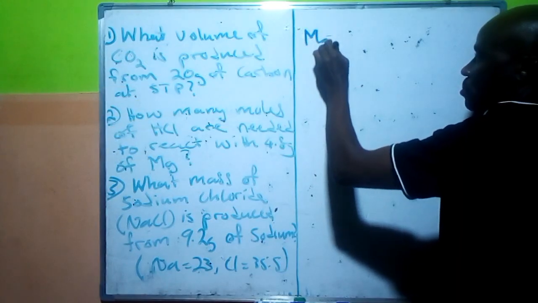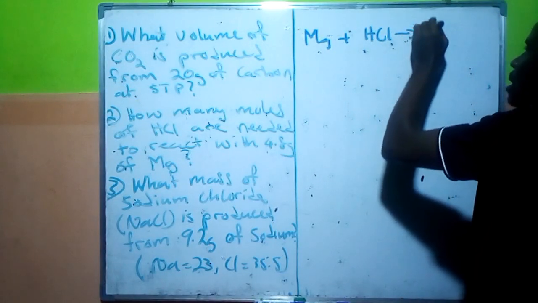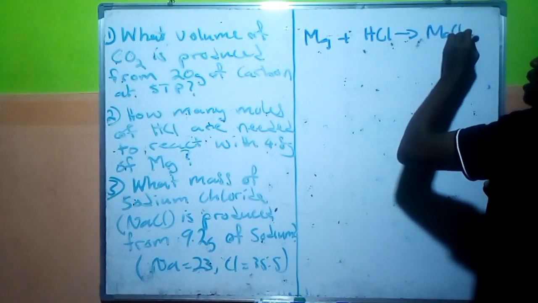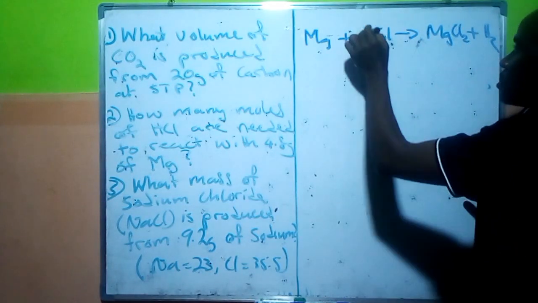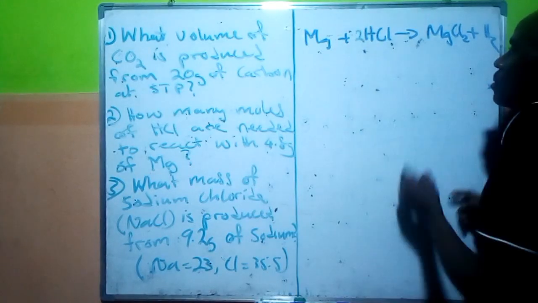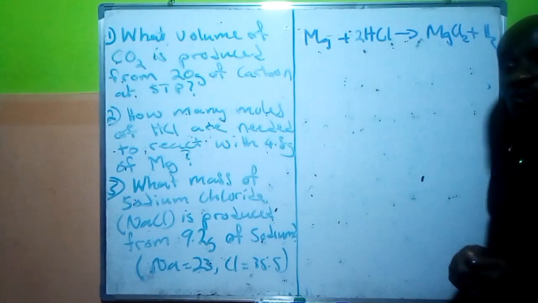This is magnesium reacting with hydrochloric acid to give us magnesium chloride and then hydrogen. So from this balanced chemical equation, now we are dealing with mass to mole.